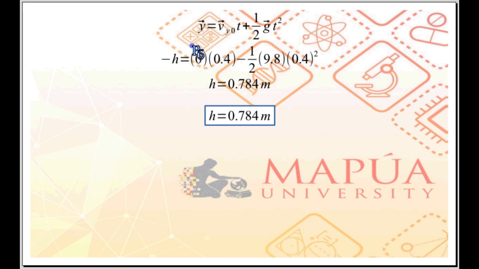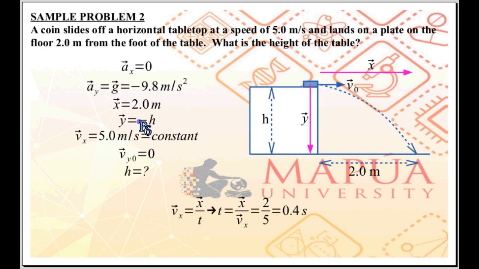Going now to the y component, you have free fall motion. You have 4 equations to choose from. One of those equations is y is equal to Vy initial t plus 1/2 g t squared. We know y. Going back to the previous slide, we know Vy initial and we know ay, that's just equal to g, negative 9.8 meters per second squared.